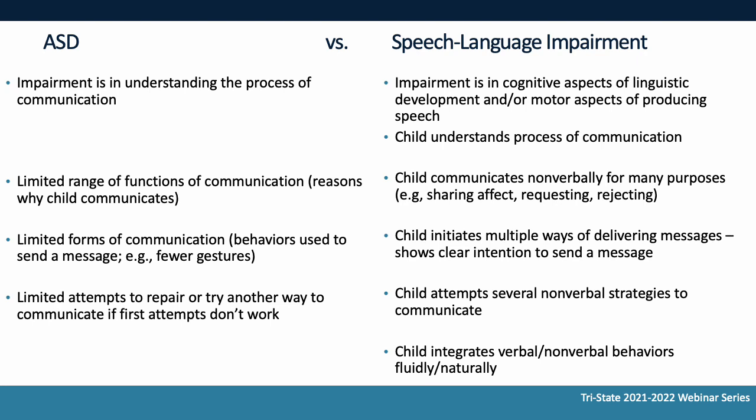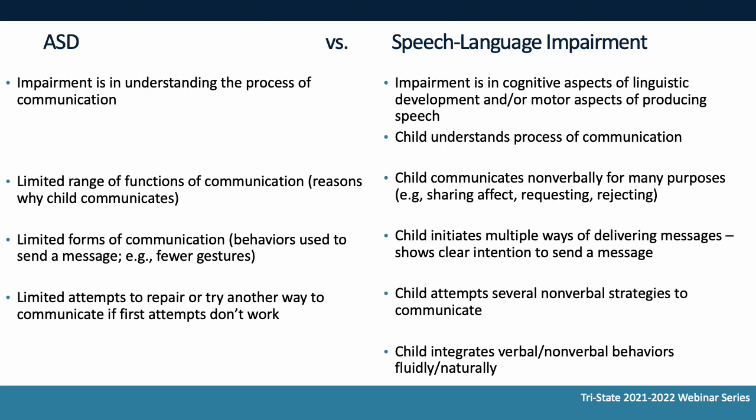In autism, there's often a limited form of communication, so there might be a very small repertoire of behaviors that are used to send a message, maybe just a few gestures or just one way of communicating. Whereas in a developmental delay of language development, we often see that the child has multiple ways of delivering messages. They show a clear intention that they're trying to communicate, and if their nonverbal strategy doesn't work, they have others in their toolbox that they'll pull out and try.